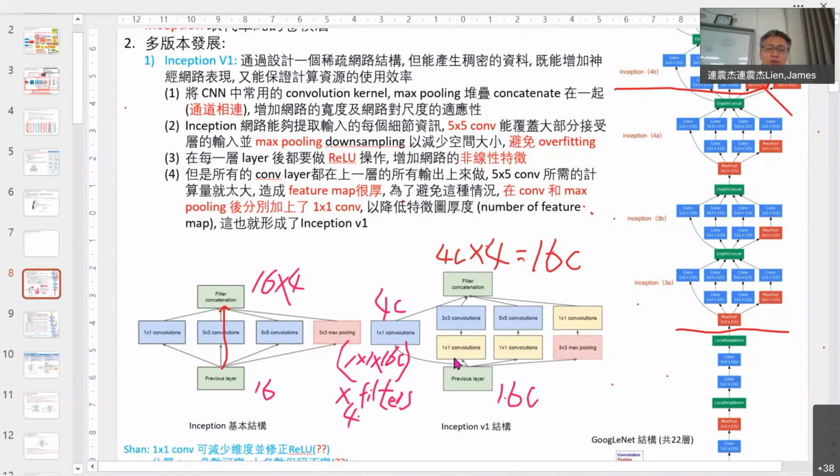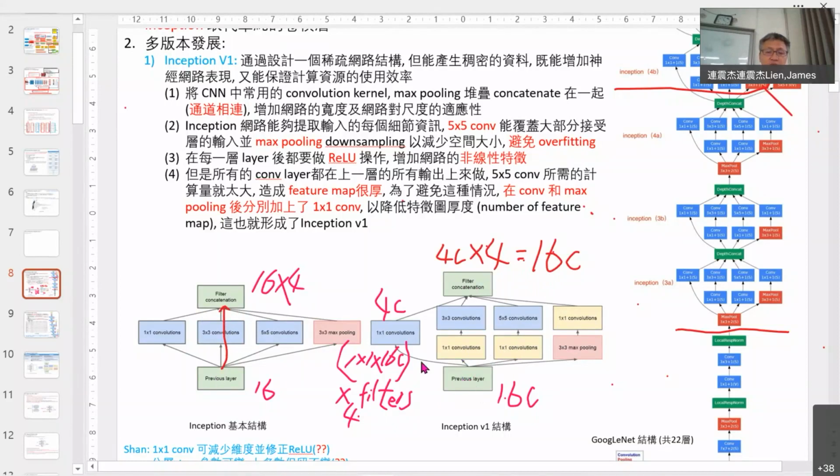In inception, you have a 1 by 1, 3 by 3, 5 by 5, different size of filter. So it can extract different information. Oh, that's good. However, we want to keep the same maps, the same as VGG, for example.